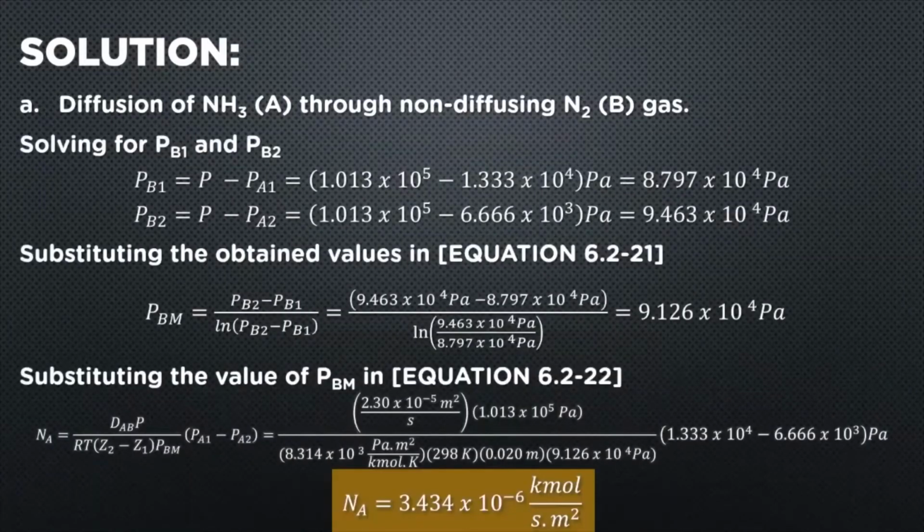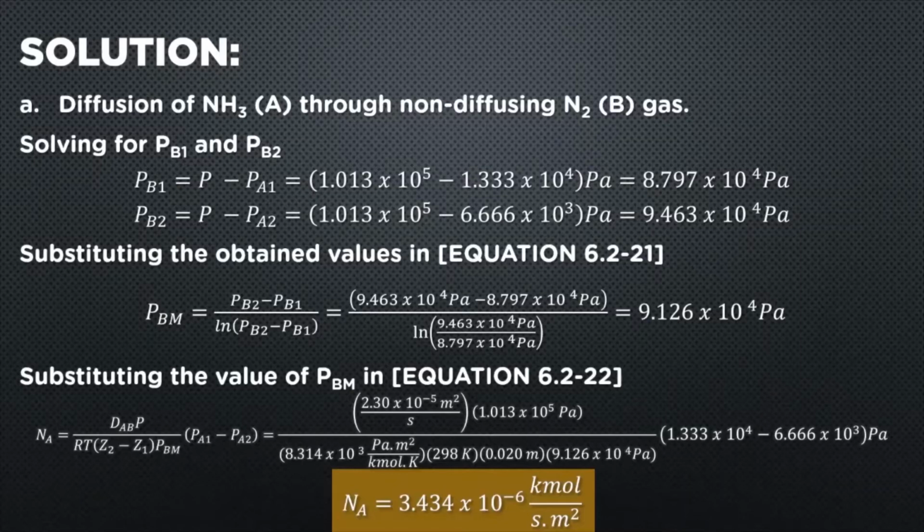So solving for PB1 and PB2, PB1 is just equal to P minus partial pressure of A at point 1. So we get a value of PB1 of 8.797 times 10 raised to the power of 4 Pascal. And for PB2, we get a value of 9.463 times 10 raised to the power of 4 Pascal.